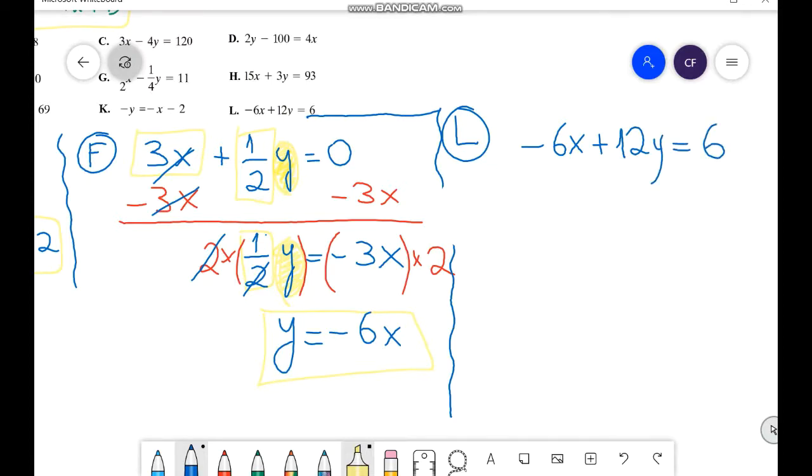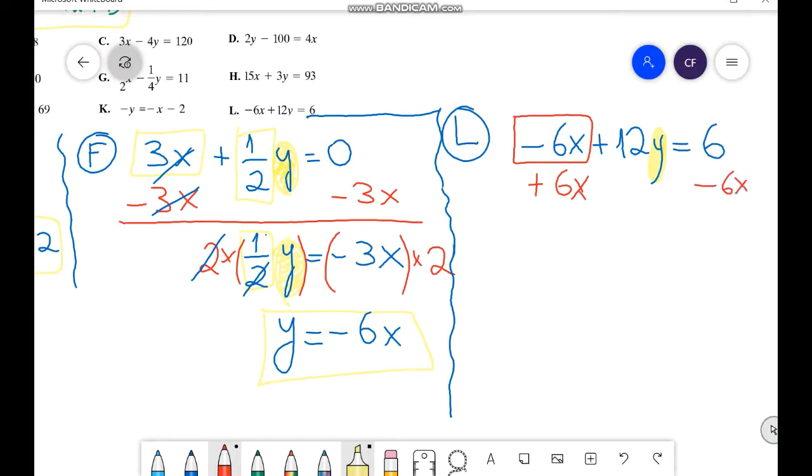And again, that's the whole objective of these questions, to get rid of everything that's not y and only keep on the left hand side of the equation the y alone by itself, nothing else. And the first thing that's bothering me, that is actually making a mess here is this negative 6x. We don't want it.